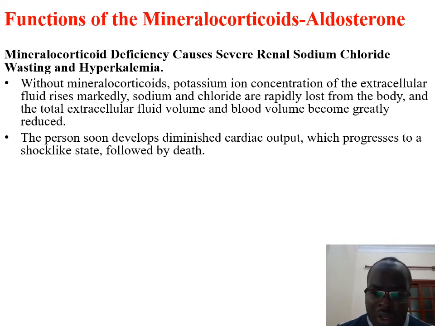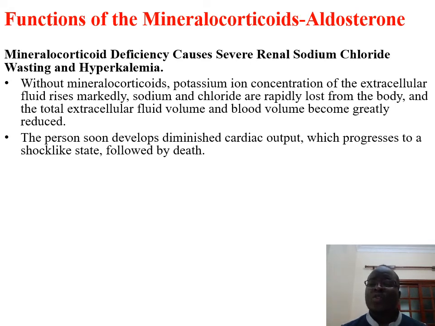Without mineralocorticoids, potassium ion concentration of the extracellular fluid rises markedly. Sodium and chloride are rapidly lost from the body, and the total extracellular fluid volume and blood volume become greatly reduced, because you are losing a lot of sodium in the urine.